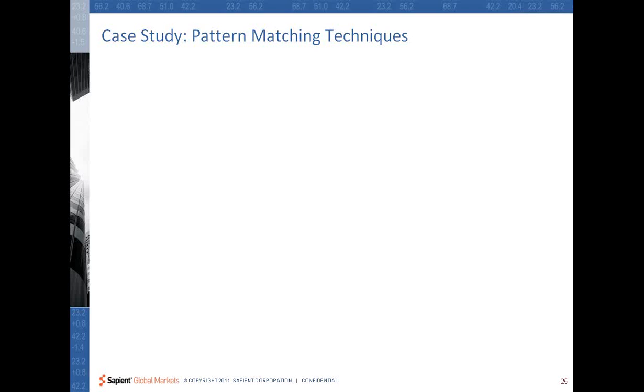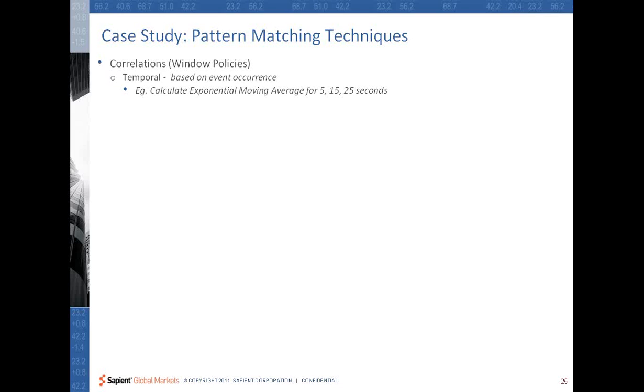The first step of applying a pattern would be to group the relevant events. These grouped events are basically based on windowing. So these events are correlated using a common set of techniques called windowing policies.